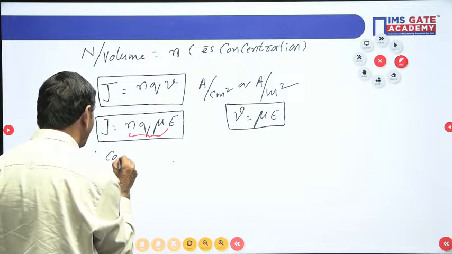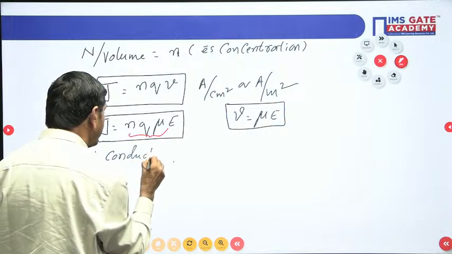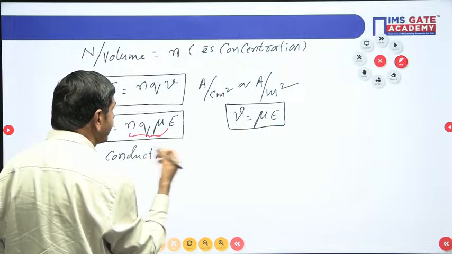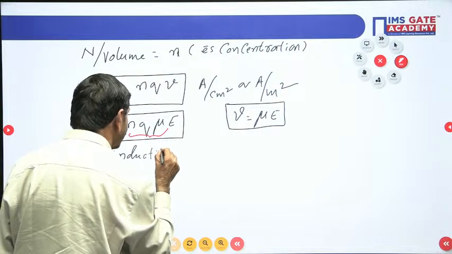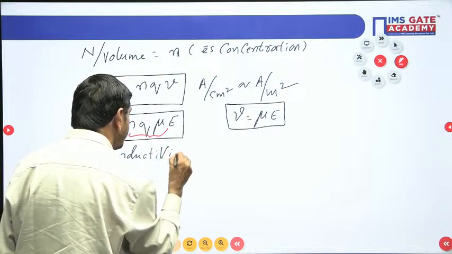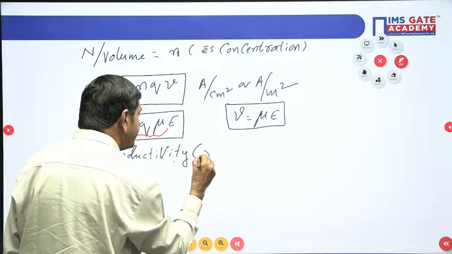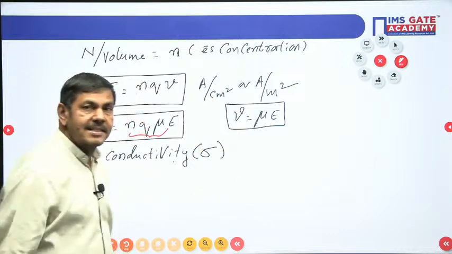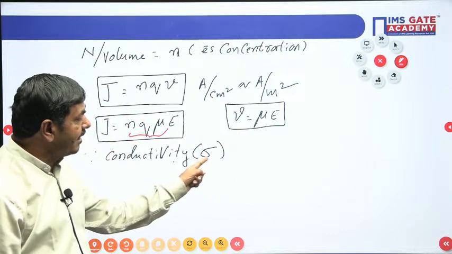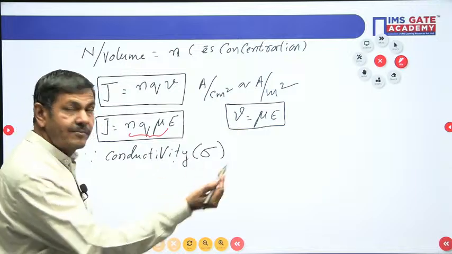One more formula. Suppose in a problem, you are asked what is the conductivity of electrons in a conductor. Conductivity is denoted by the symbol sigma. Small sigma is allowed. Capital sigma means they will put something different.